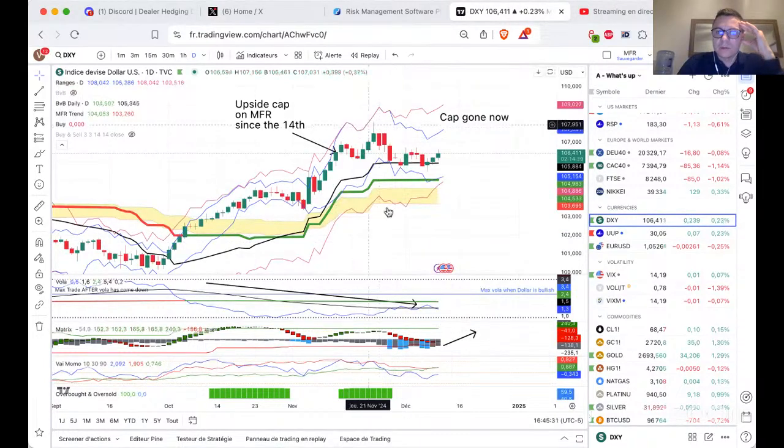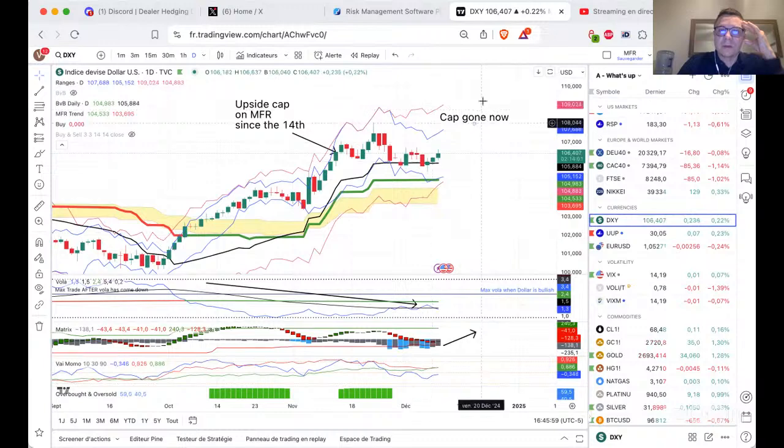We had the matrix cycle happening on the way down, and it seems the matrix cycle is starting its cycle up, and we didn't have a big sell-off on DXY. So if matrix starts to go up and we start to make higher highs, higher lows on DXY, I think this is the next leg up on DXY.